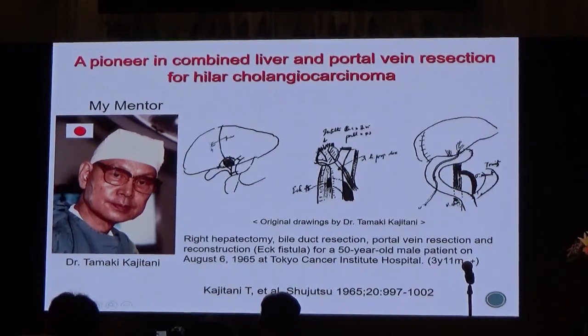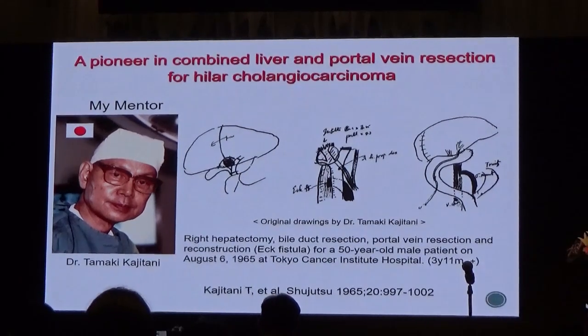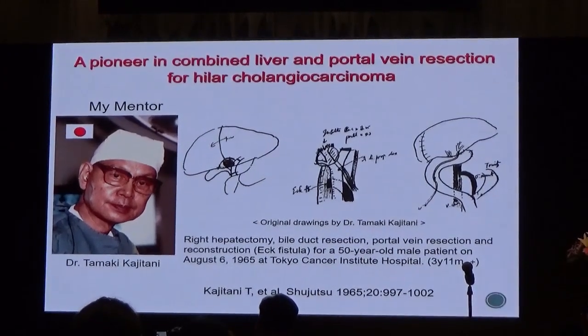He performed the right hepatectomy, and the portal vein was reconstructed, anastomosing the proximal end of the portal vein to the side wall of the inferior vena cava, establishing an Eck fistula. This patient survived 3 years and 11 months and died of peritoneal metastasis. Autopsy clearly showed a normal liver even after the Eck fistula.